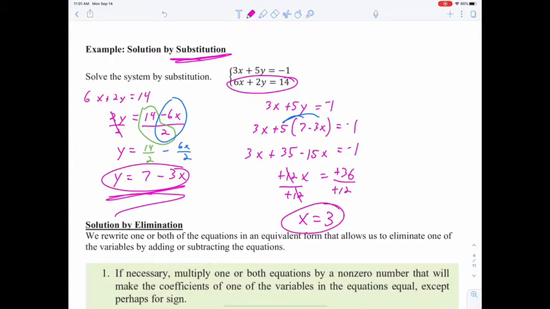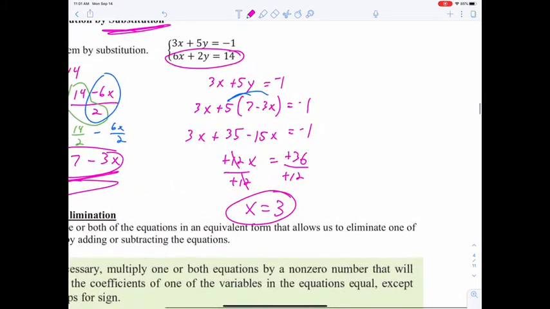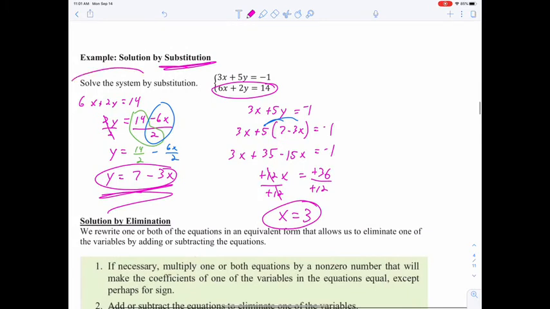Okay? Now, that's not the final answer. That's just part of the answer. Because when they say solve the system, we need to find both x and y, or whatever the two variables are. We need to find both variables. But the nice thing is we now have x, and we actually already had y by itself right there.